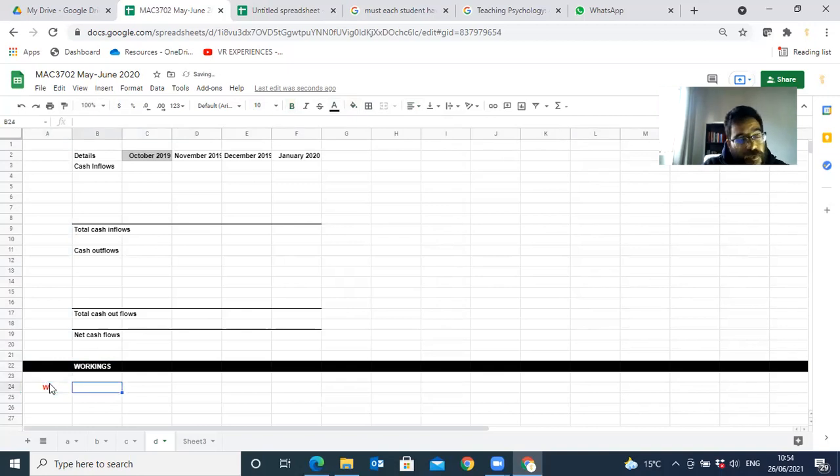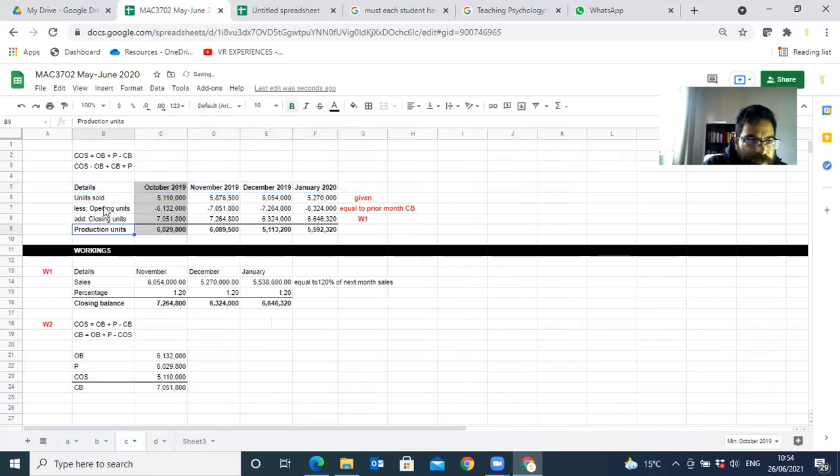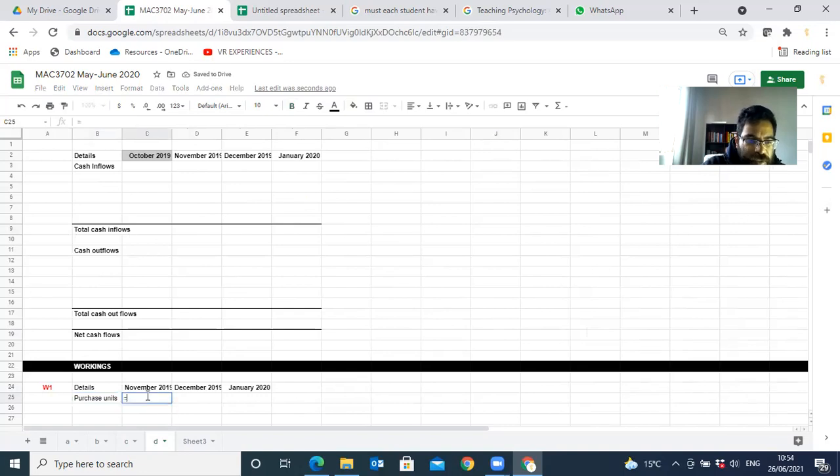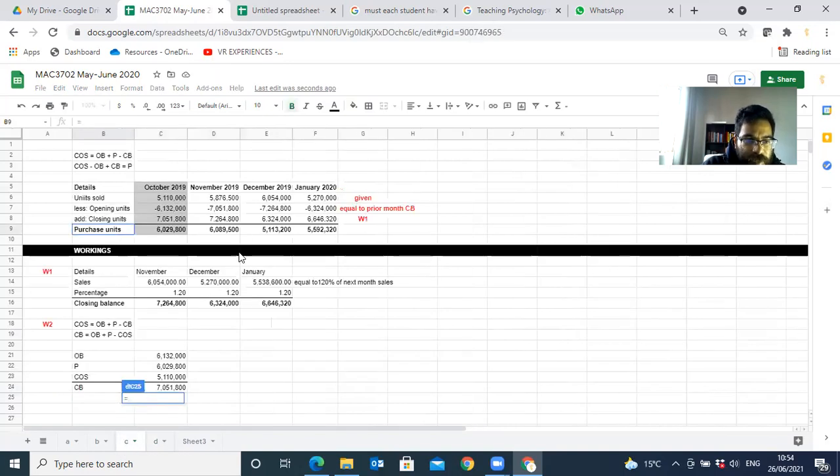I want details, and I just want these ones over here. Okay, so we know production units, or purchase units, whatever you want to call it. Let's call it purchase units. I'm going to go back to C, and I call it purchases. So purchase units is basically that over there.